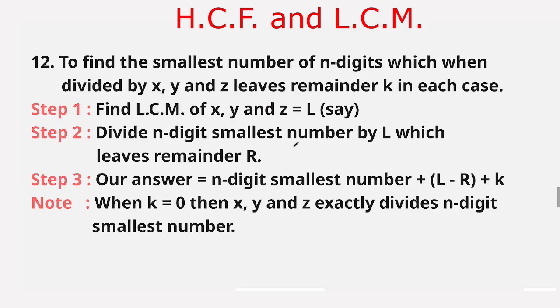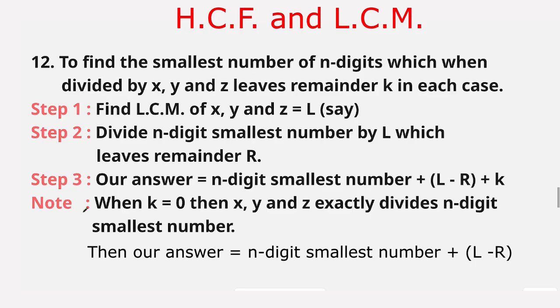Then we have to divide that number by L, which is the LCM of X, Y and Z. And on dividing we get the remainder R. Now in that n digit smallest number we have to add the difference of L minus R, and again we have to add the remainder given to us in question, which is K, and that gives our answer.